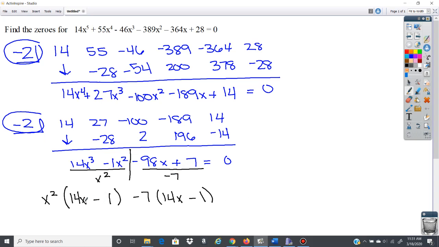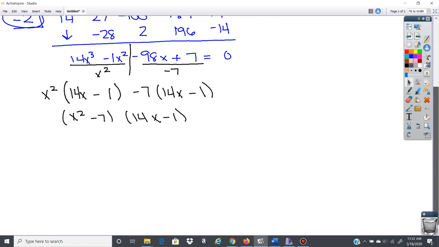So now I've got my two factors: x squared minus 7 and 14x minus 1. Now I'm going to set each of these equal to 0 and solve. So x squared minus 7 equals 0.